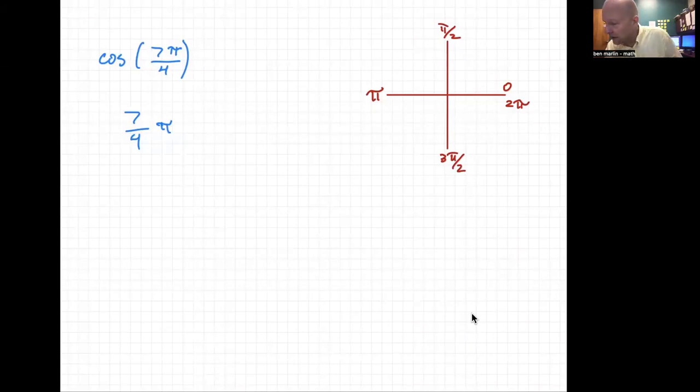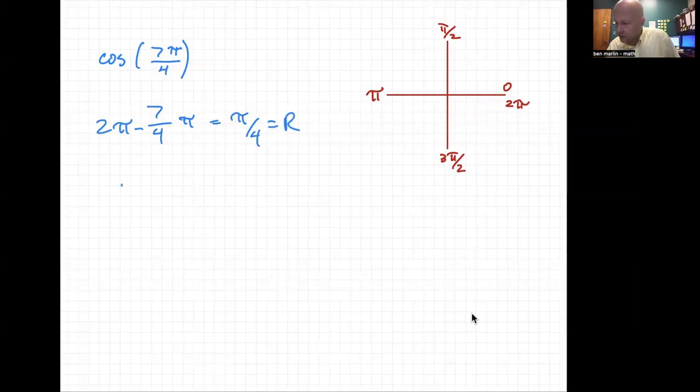So what we've got then is 2 pi. That's the closest multiple of pi, okay? And because 7 pi over 4 is smaller, we will subtract it from the 2 pi. And when we do that, we end up with pi over 4. That's our reference angle, okay?